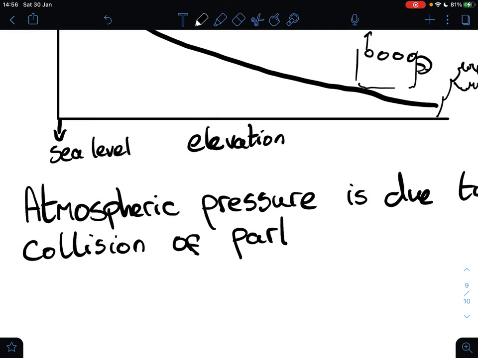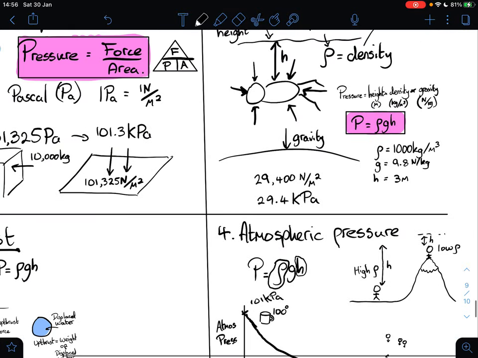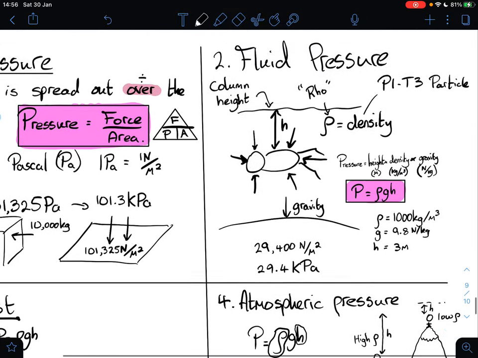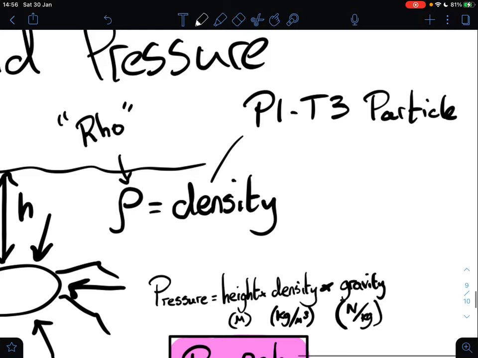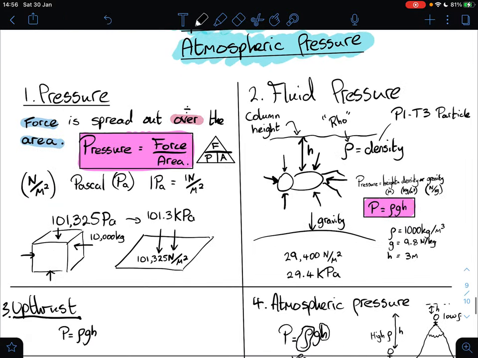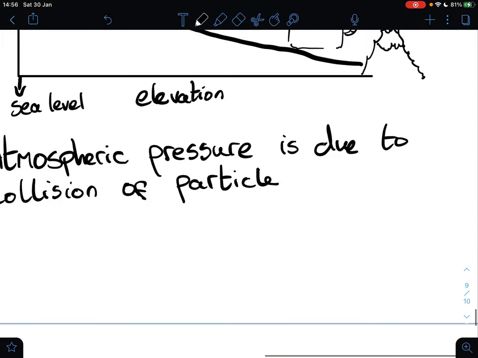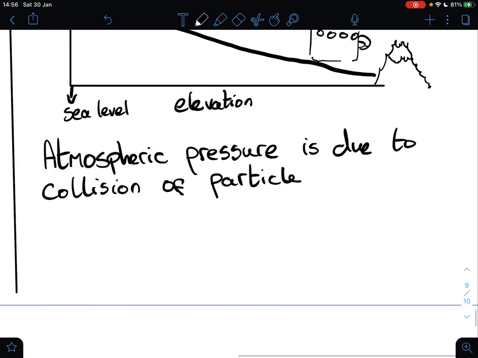We learnt that in paper 1, topic 3, particles. Around the same time we learnt about density when I talked about it here. So again, if you're unfamiliar, go back, have a little look at the pressure equation and everything there as well. So atmospheric pressure is due to the collision of particles.